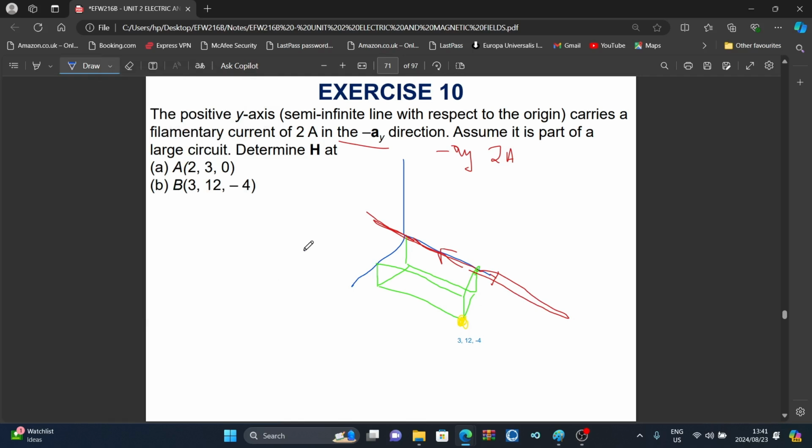So again, to find alpha and alpha 1, you draw wherever the point is, but you draw it to that current. So it will be this line there, then this line here.